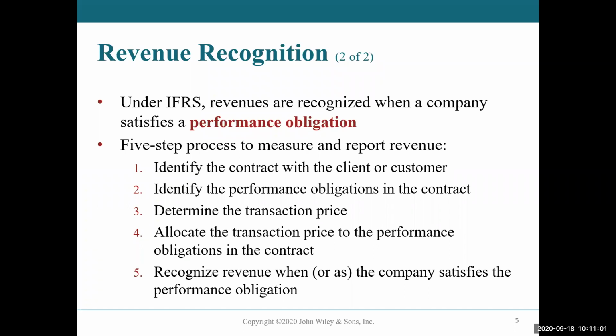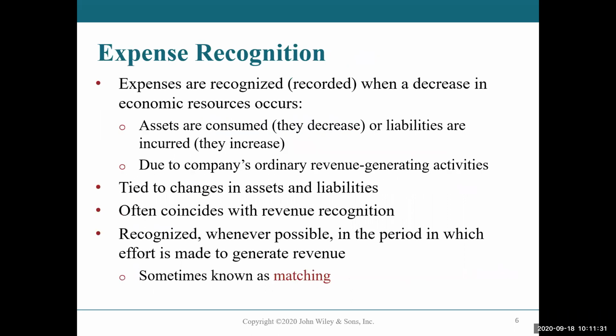So if the company had a sale of a good and installation, that's 2 performance obligations, and we will prorate the transaction price between those 2 performance obligations. And finally, step 5 is when to recognize that revenue. When those performance obligations are satisfied, at that point in time, the company has the ability to recognize revenue from that contract.